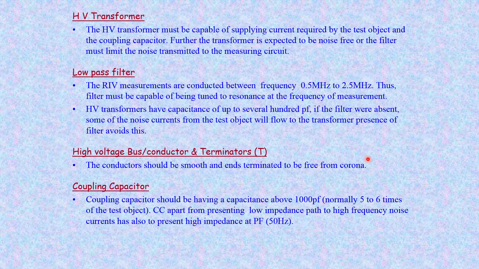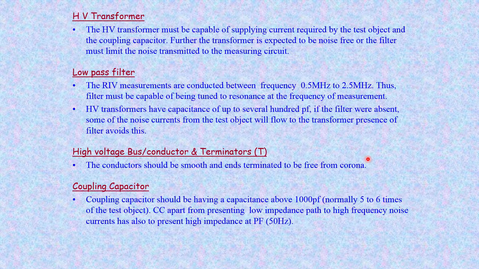The high voltage bus conductor or terminators, where the T was mentioned in the circuit, should be smooth. There should be no scratches or projections, so that it itself should not be giving discharges. That is one of the reasons the conductor should be smooth and the ends properly terminated.